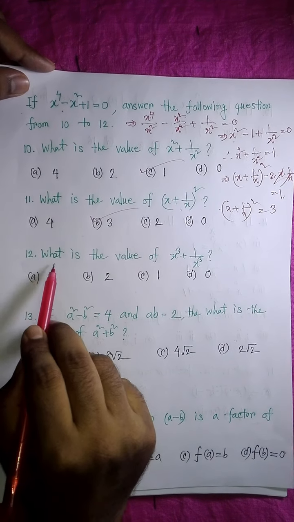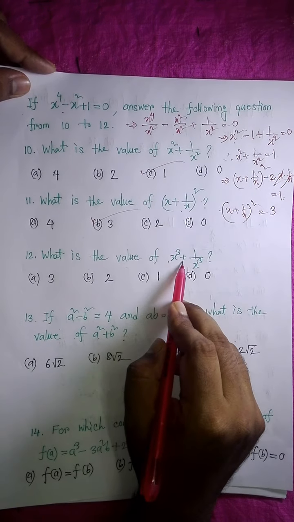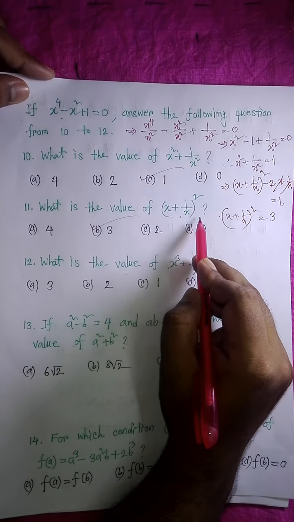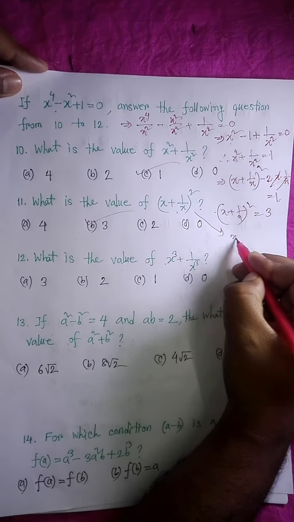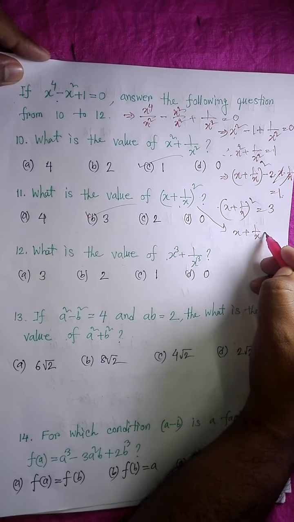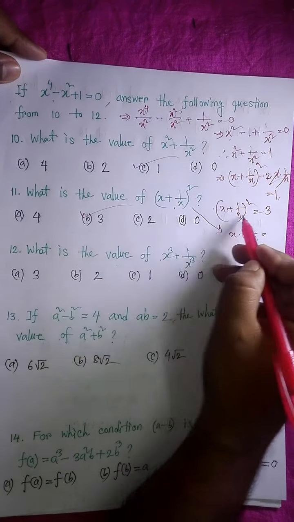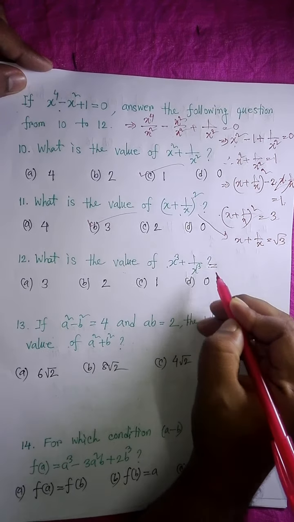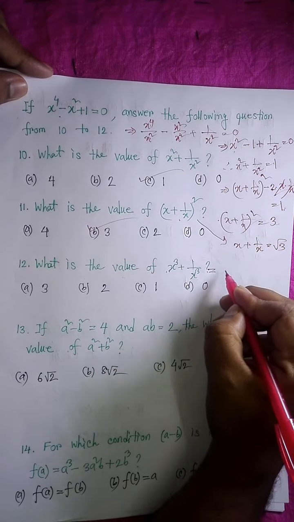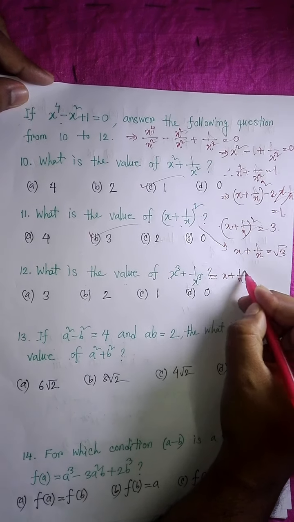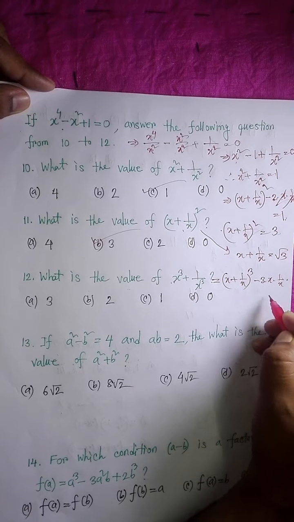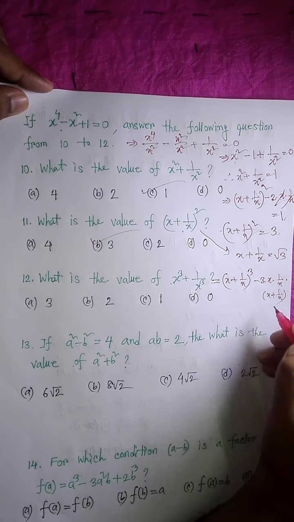Question number 12, what is the value of x cube plus 1 by x cube? Here from 11 we can write x plus 1 by x equal to square root 3. So now a cube plus b cube, formula is a plus b whole cube minus 3 into a into b into a plus b.